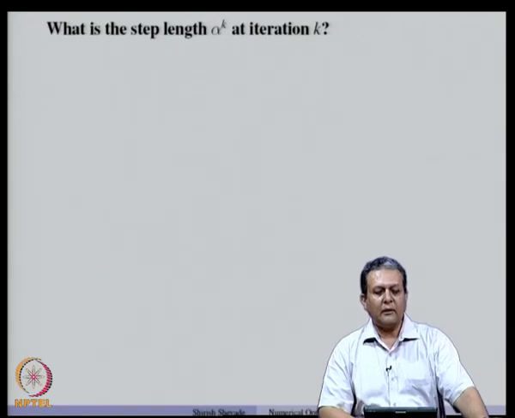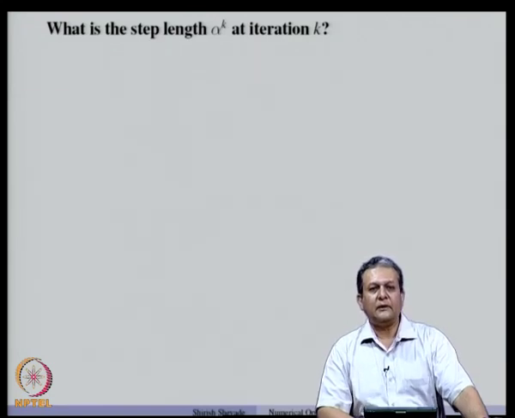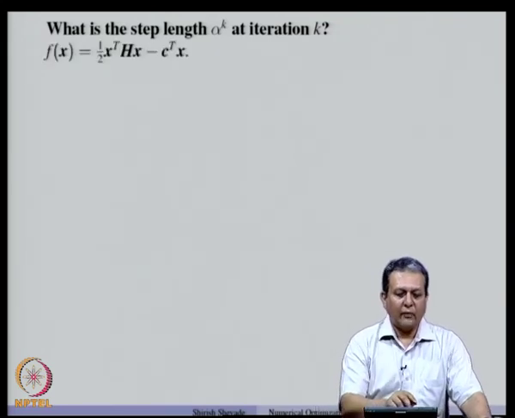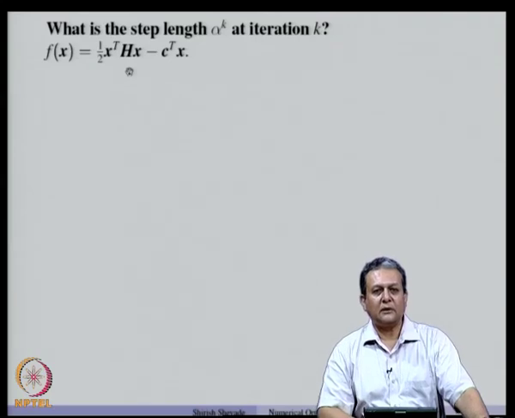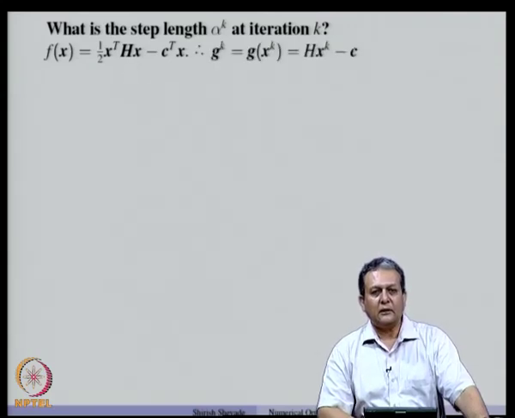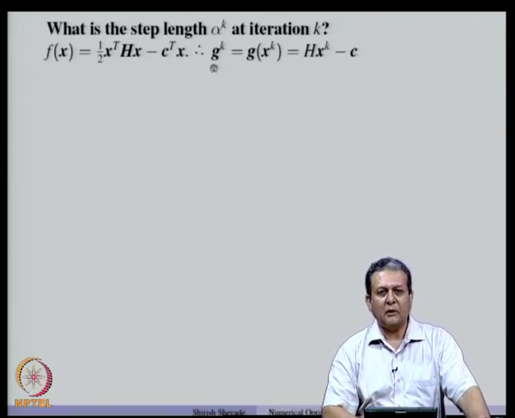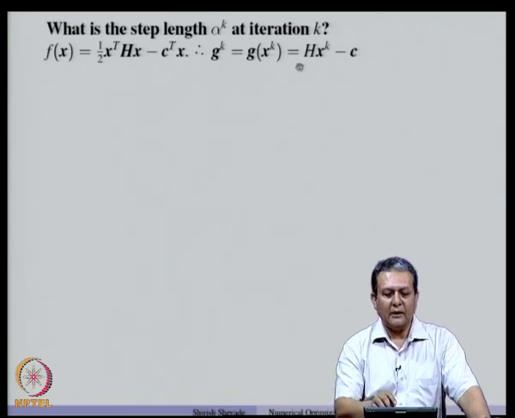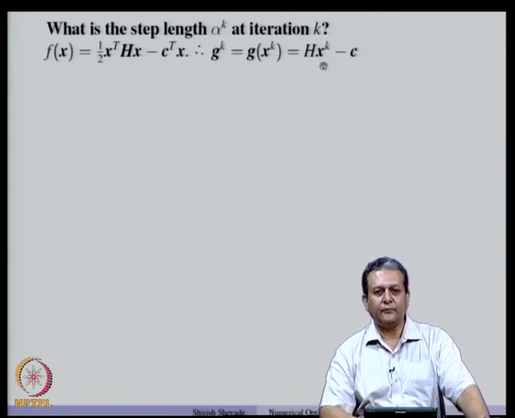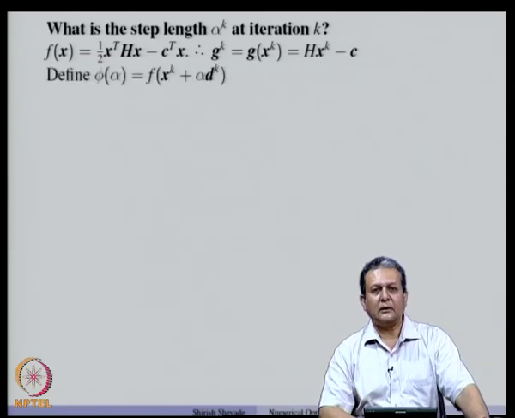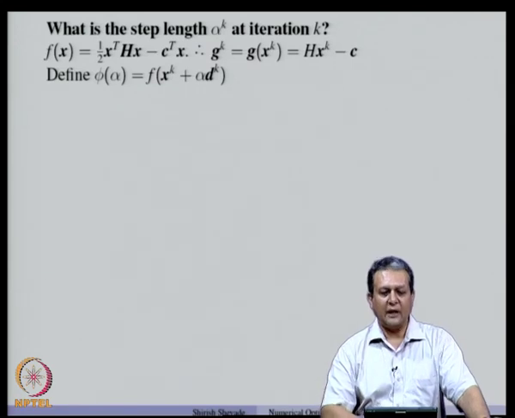As I mentioned, it is easy to calculate the step length alpha k at every iteration k if we use exact line search for a quadratic function. So, let us see how to do that. We have f of x to be half of x transpose H x minus c transpose x, and the gradient at the point x k, denoted by g k, is H x k minus c. Now, the descent direction is dk equals minus g k.